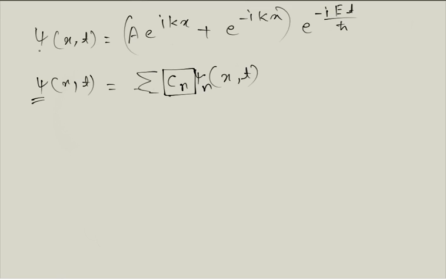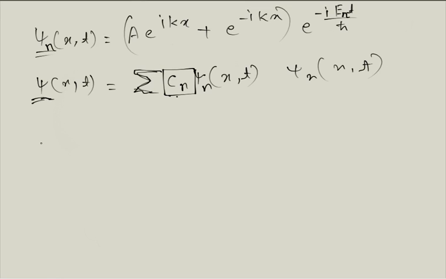Each wave function is valid for some energy E of n, and the general solution is psi of x,t equal to the linear combination of all the psi of n of x,t.